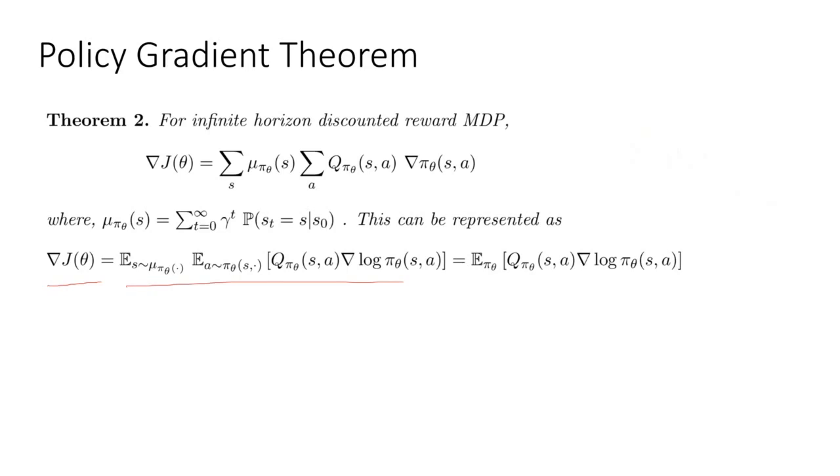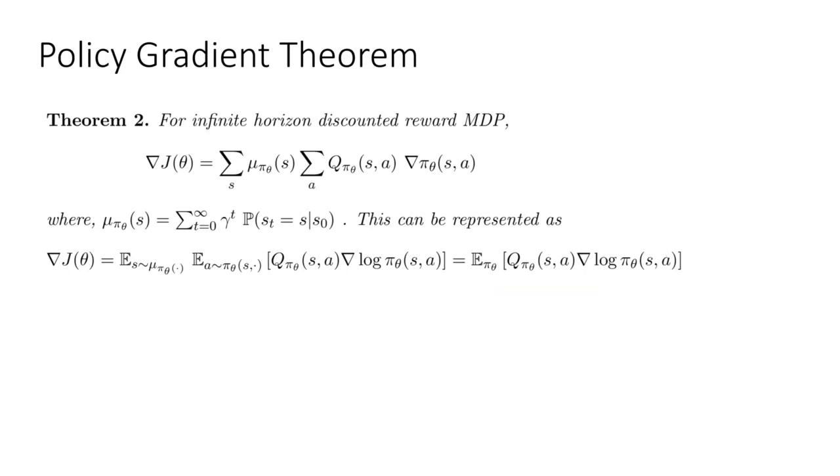So now your gradient is nothing but this. I can represent it more efficiently like this. Okay? So this is the equation that I'm going to use for my policy gradient theorem: expectation of q pi theta times gradient of log pi theta. Okay? So q pi theta is nothing but the q value corresponding to the policy pi theta, and this is the gradient of log pi theta. Pi theta is my policy representation. Okay? Now we have the gradient. So this is when you know exactly how to evaluate this.